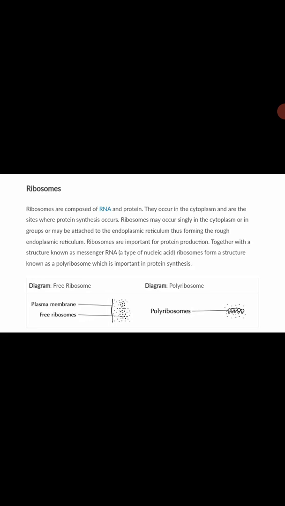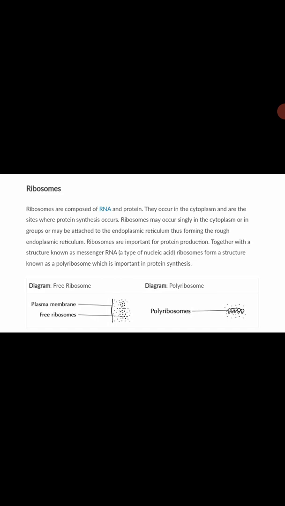That means the key function of ribosomes is the synthesis, or production, of protein. Ribosomes may occur singly in the cytoplasm or in groups, or may be attached to the endoplasmic reticulum, thus forming the rough endoplasmic reticulum.